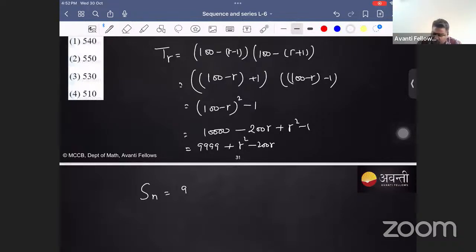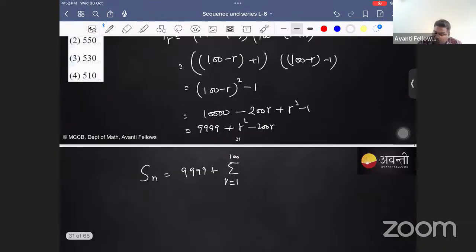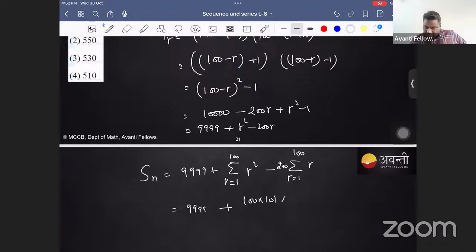Sn, that is sigma 9999 plus sigma r square from 1 to 100 minus 200 times sigma r from 1 to 100. There are total 100 terms. So it is 9999 plus 100 into 101 into 201 upon 6 minus 100 into 101 upon 2 into 200. Correct?